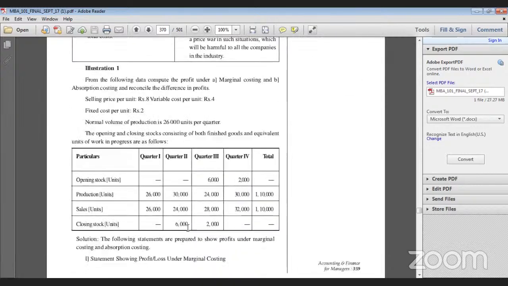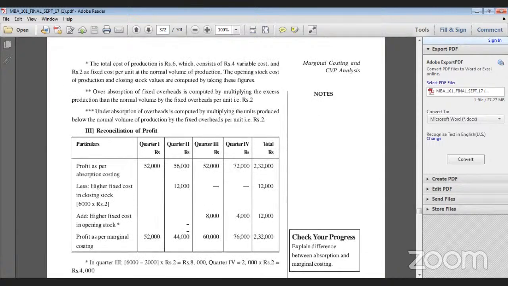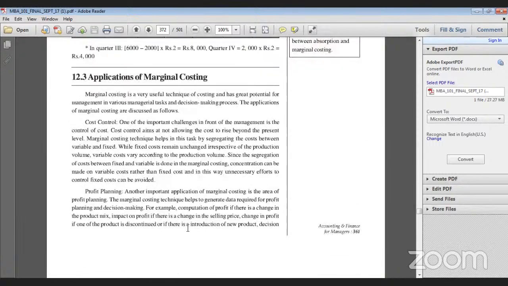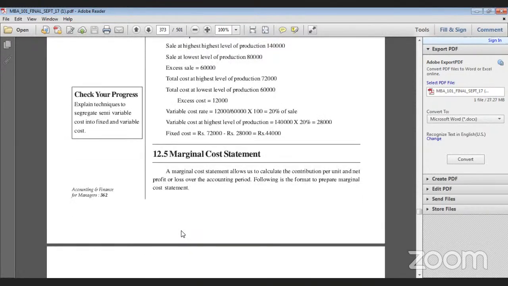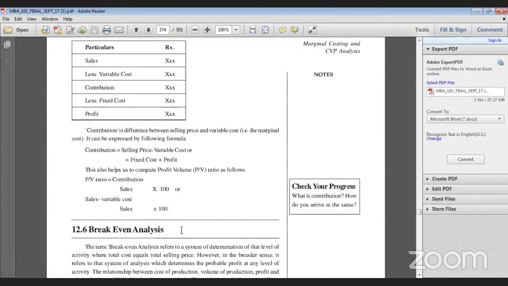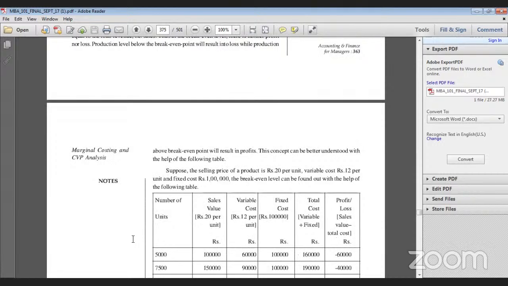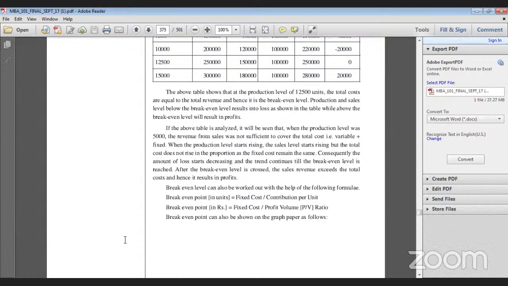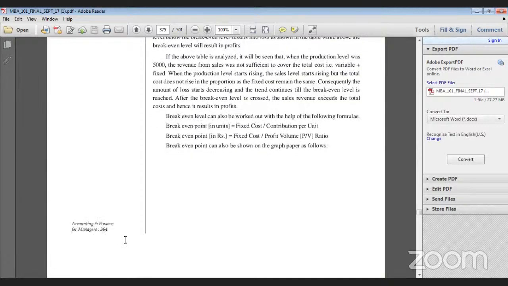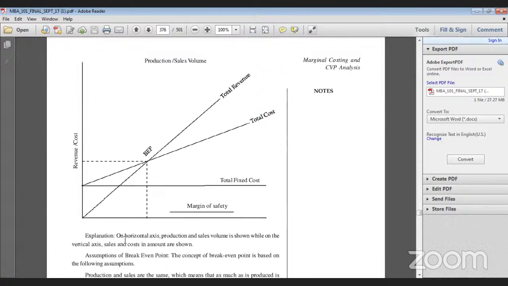You just go through it. After that, they have given various problems. Yes, they have given one diagram, on production and sales.